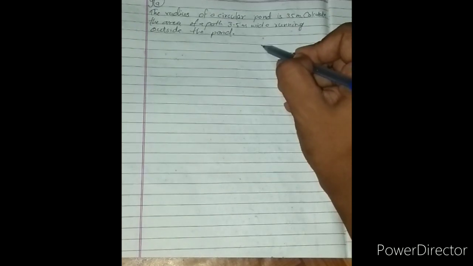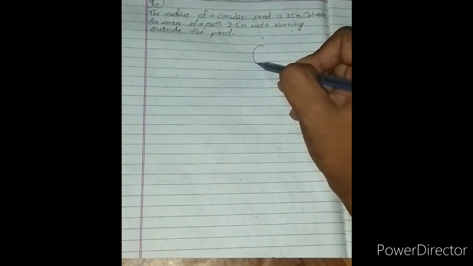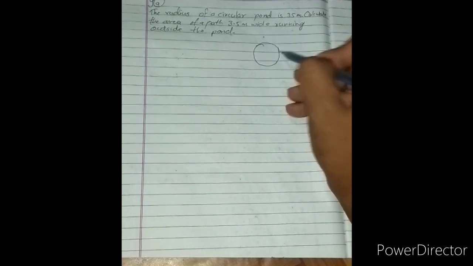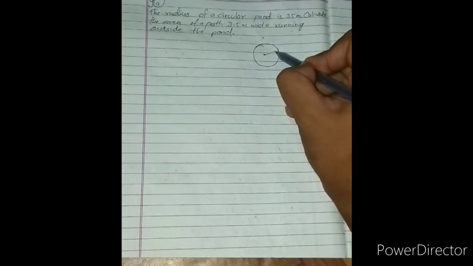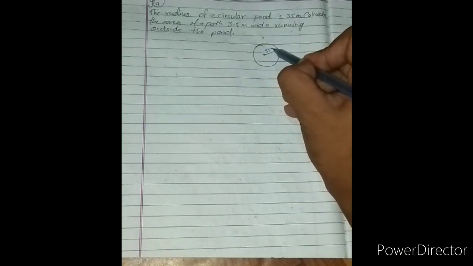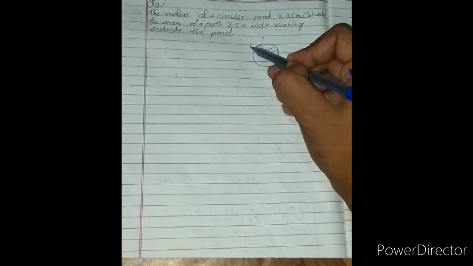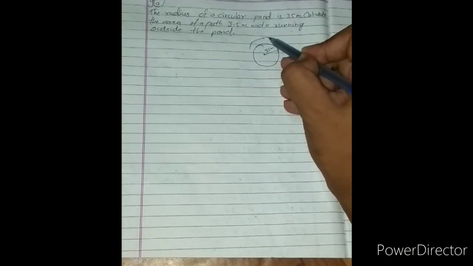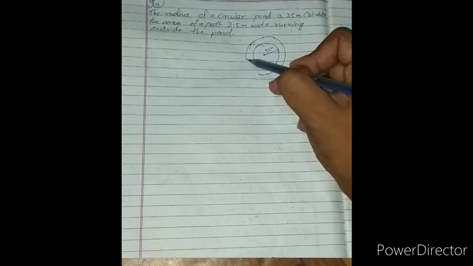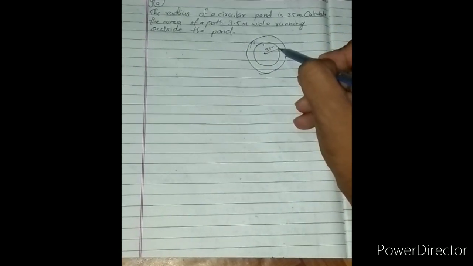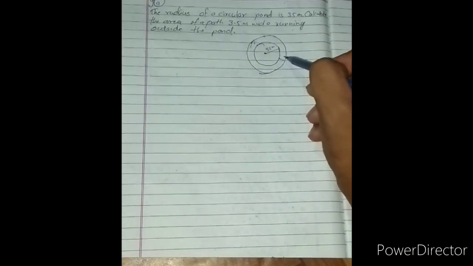Here a circular pond is there, whose radius is given as 35 meter, and another circle we can make here, which is 3.5 meter.